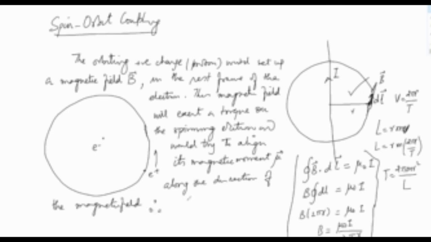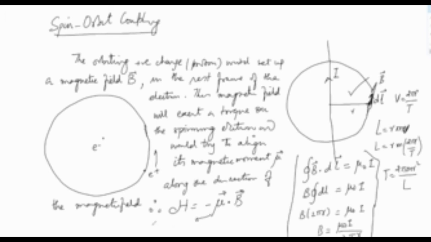Therefore the Hamiltonian of this interaction would be given by the interaction between the magnetic moment of the electron and the external magnetic field which is coming up because of the proton.